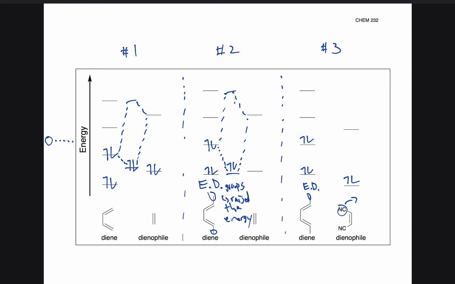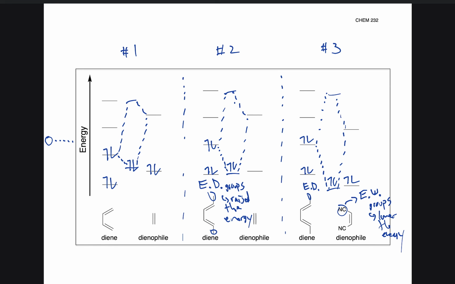These are electron withdrawing groups, and these lower the energy. And notice now the LUMO and the HOMO are much closer than they have been before. So this really dramatically decreases the energy of the new bond formed, which is really, really favorable.